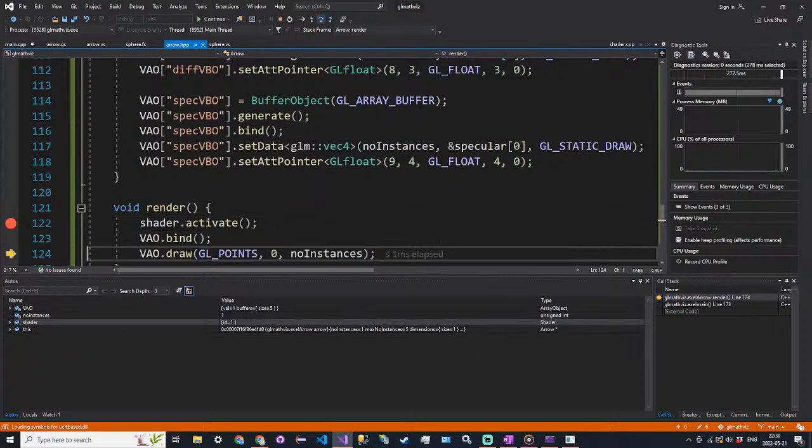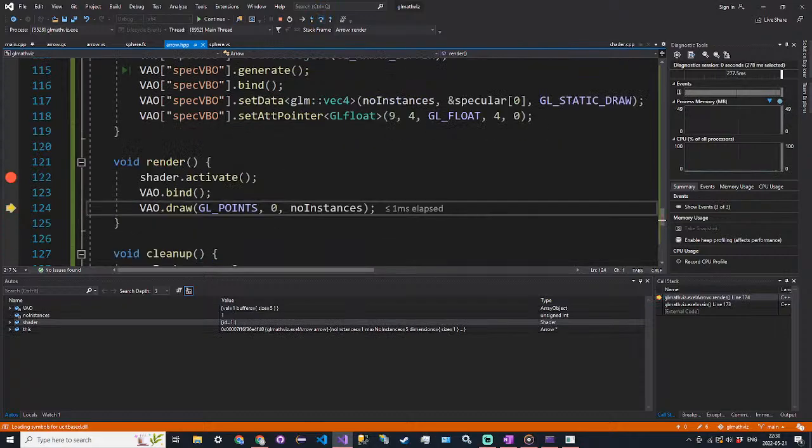Activate the shader, bind the VAO, and then draw.